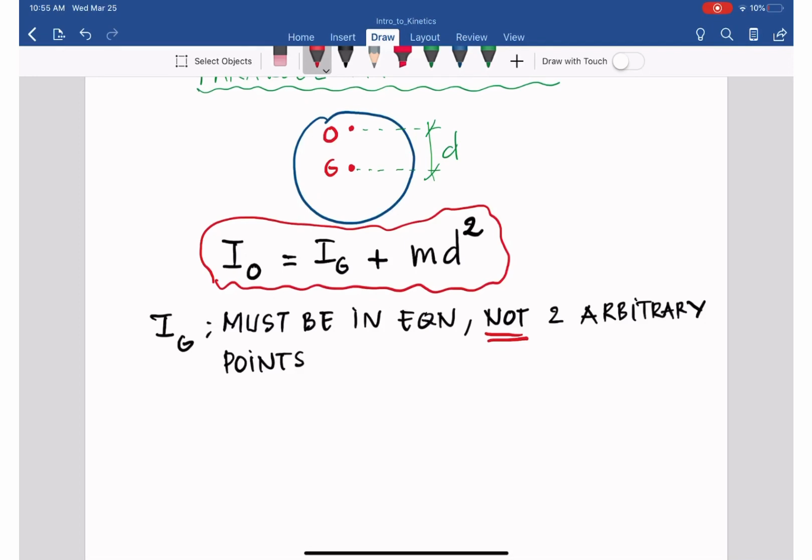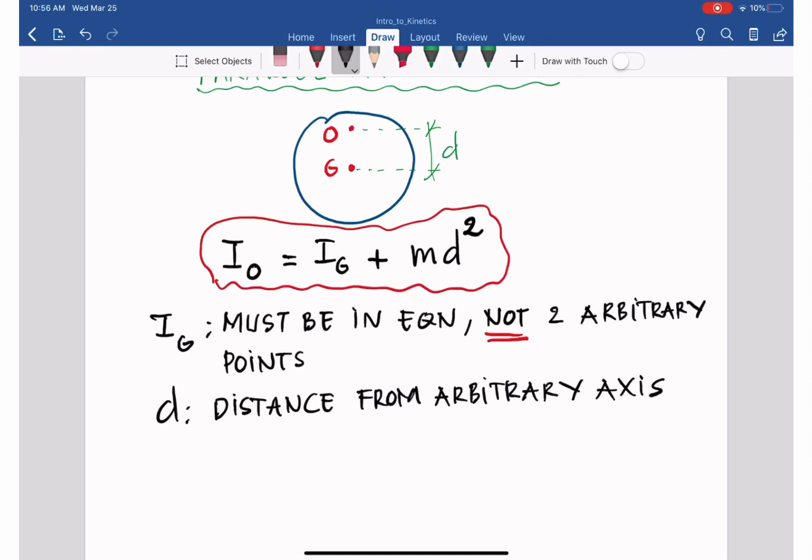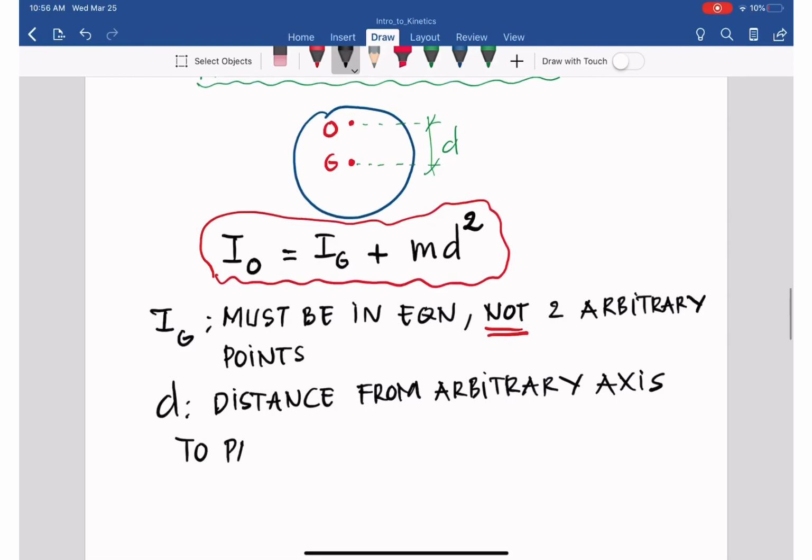And then D, what is D? Basically, it is the distance from the arbitrary axis to the parallel axis through G. So it will be the distance from the arbitrary axis to the axis through G, but it has to be parallel to that arbitrary axis: the parallel axis through G, the center of mass.